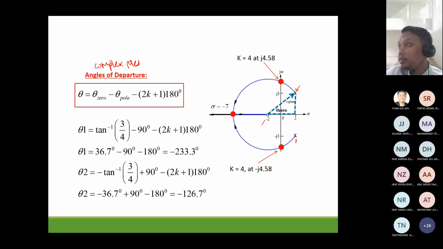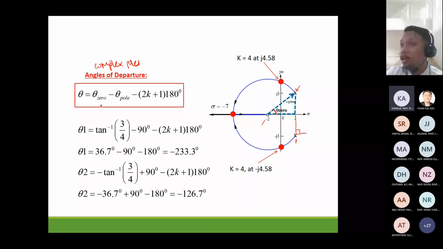So this angle will be 90 degrees, and this angle is a theta that you need to calculate using trigonometry. So here, the example calculates using tangent inverse of 3 over 4, minus 90 degrees.